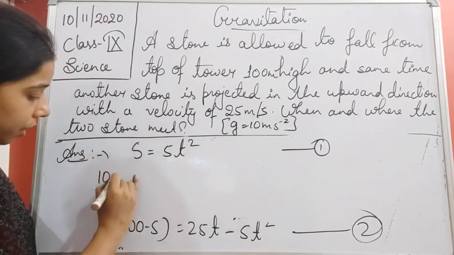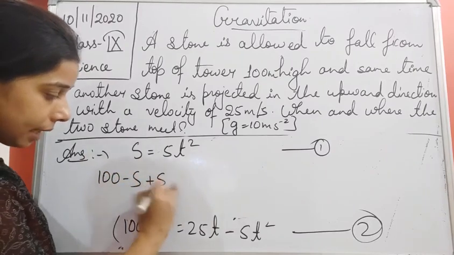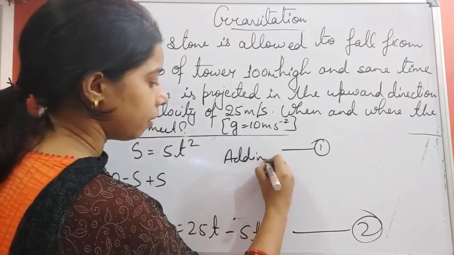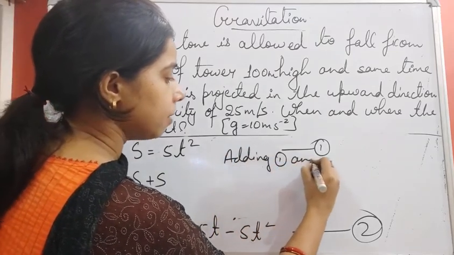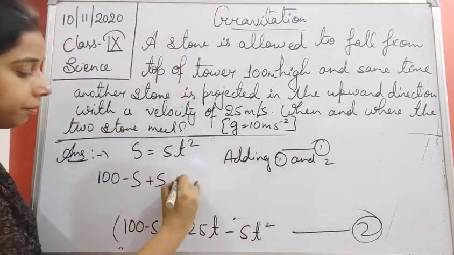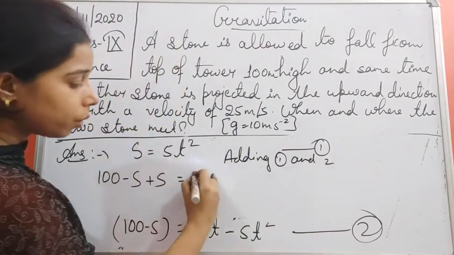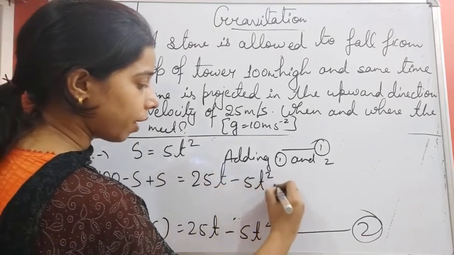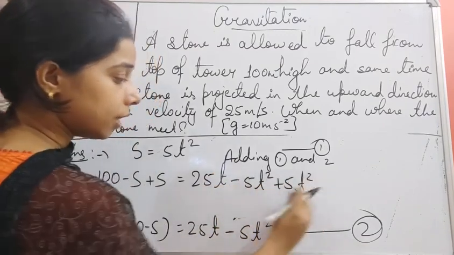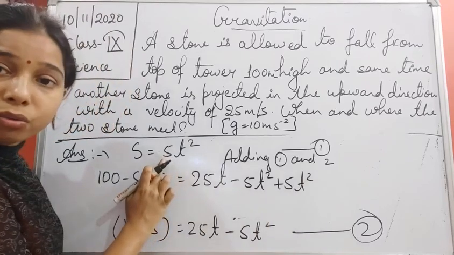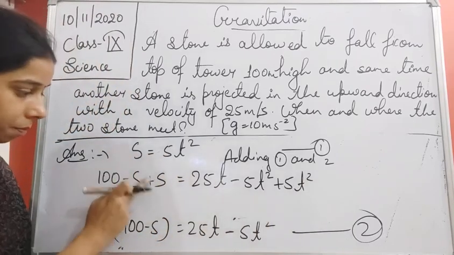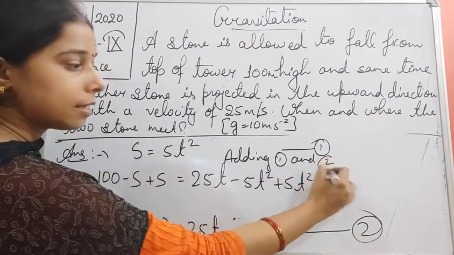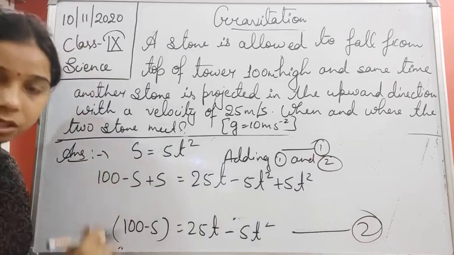So 100 minus S plus S. We are adding the first and second equation. That will be equals to 25t minus 5t square plus 5t square. This plus 5t square is of the first equation. This plus S is of the first equation. So we have added the first and the second equation and we get this equation.